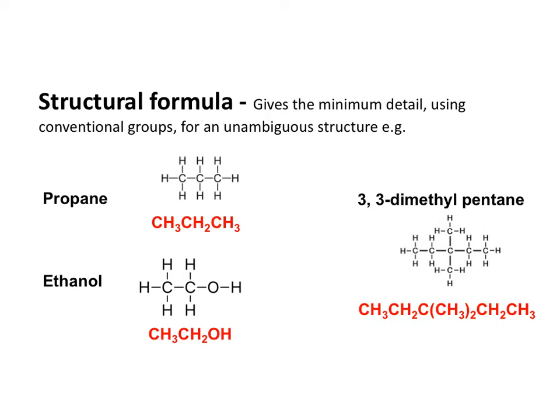You don't need to draw all the bonds, and it clearly indicates the structure of the compound. Any branches, as you can see for 3,3-dimethylpentane, you can draw by putting them in brackets. So you can see here you've got your two CH3 groups in a bracket, and that represents those two there.